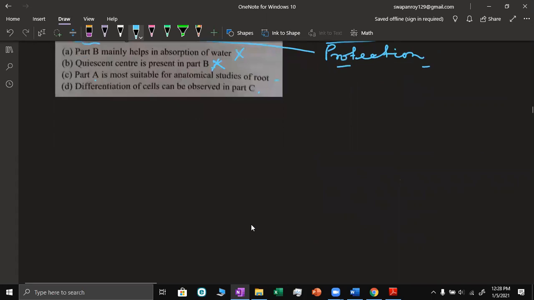What is quiescent center? You will learn quiescent center in anatomy. Root apical meristem.